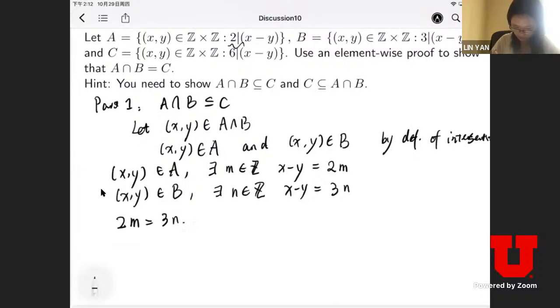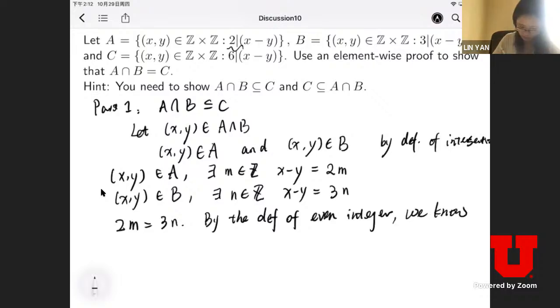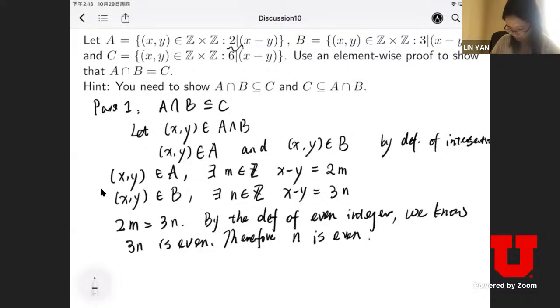That means, by the definition of even integer, we know 3n is even, and therefore n is even, since 3 is not divisible by 2.